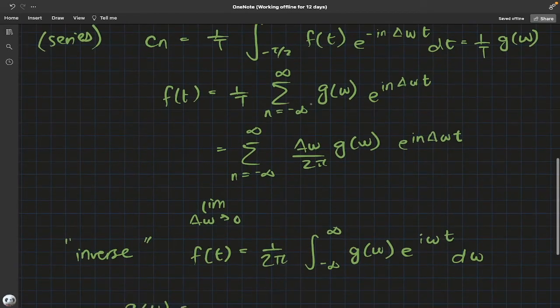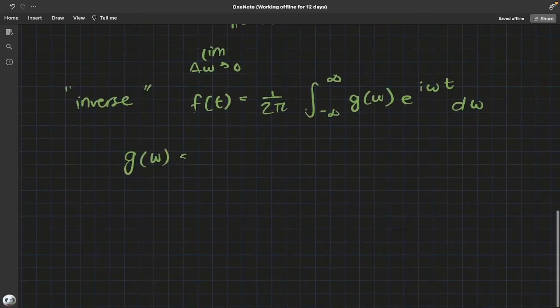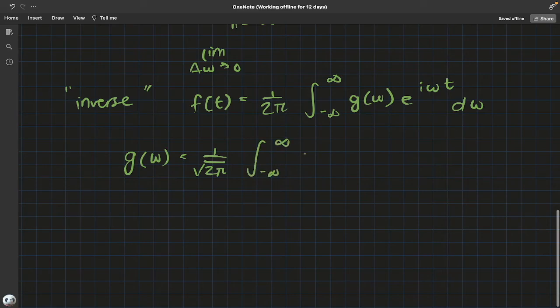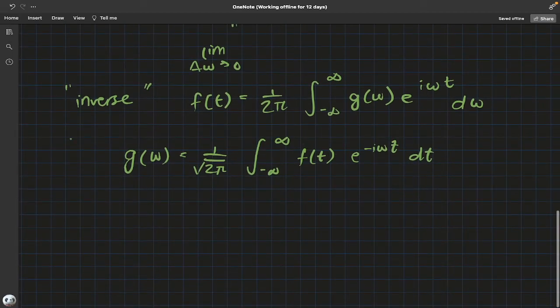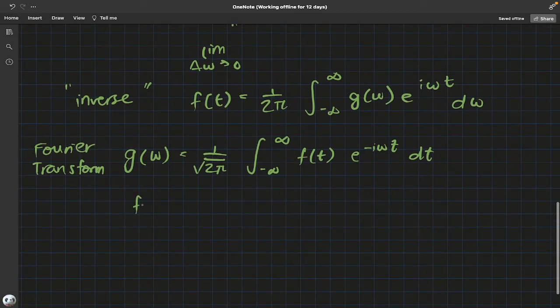which we can also convert into a Riemann sum using the same sort of idea. 1 over square root 2 pi integral minus infinity to infinity f of t e to the negative i omega t dt. This is your Fourier transform. G of omega is the Fourier transform of f of t, and f of t is 1 over square root 2 pi.